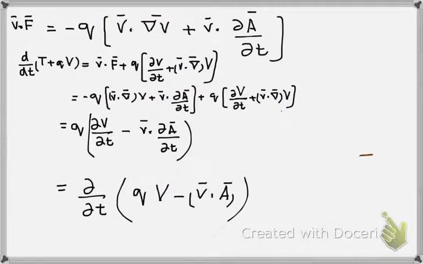So v dot F equal to minus q v dot del V plus q v dot partial A over partial t. This is the potential and this is the velocity.